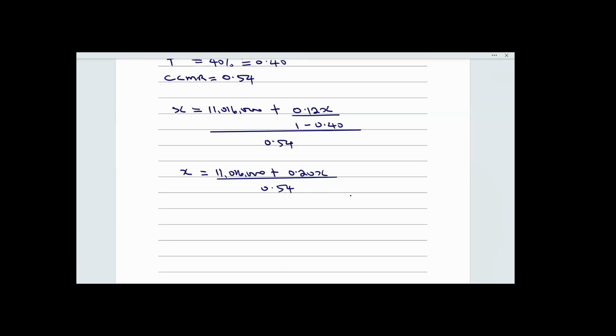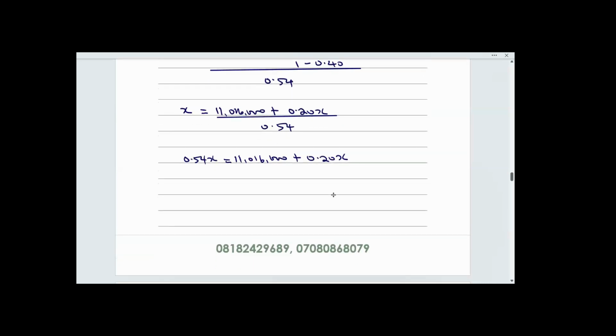At this point, all you need to do is cross multiply. The 0.54 will go to X. Therefore, 0.54X is equal to 11,016,000 plus 0.20X. You then collect like terms: 0.54X minus 0.20X is equal to 11,016,000.